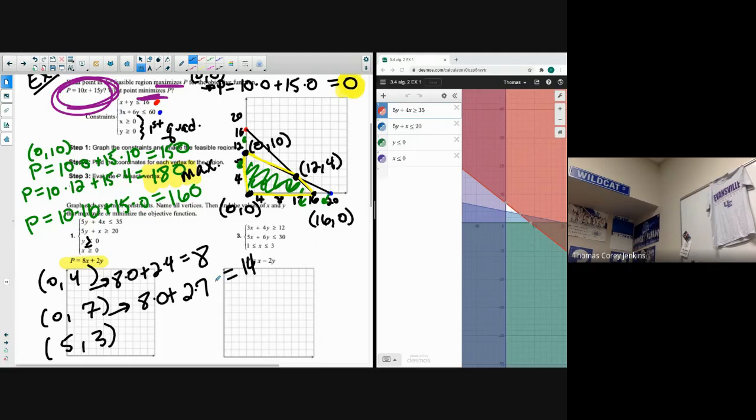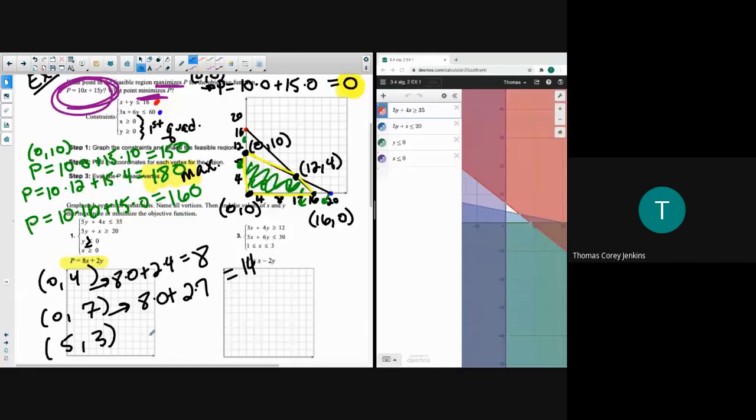There we go. So we have 14 there, and then 5, 3. That's going to look like our winner for maximizing probably. 8 times 5 plus 2 times 3. So we have 40 plus 6, 46. All right, so here is our max value, 46. Here is our minimum value, 8.